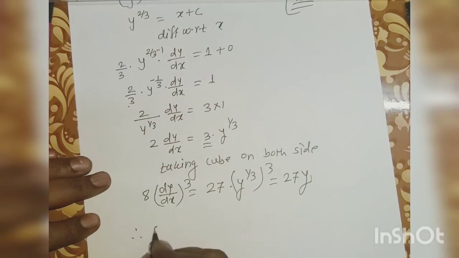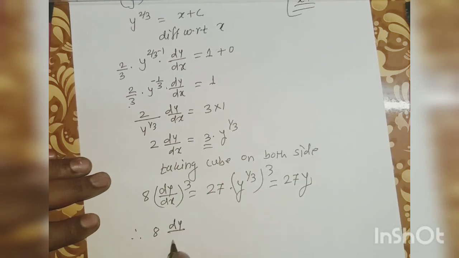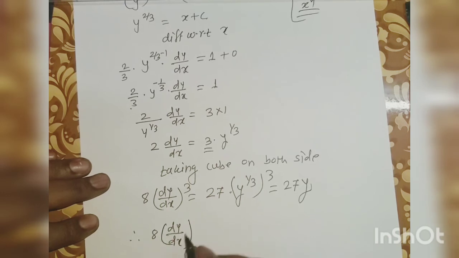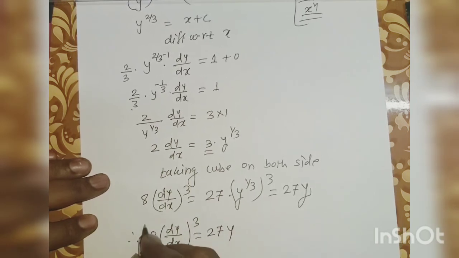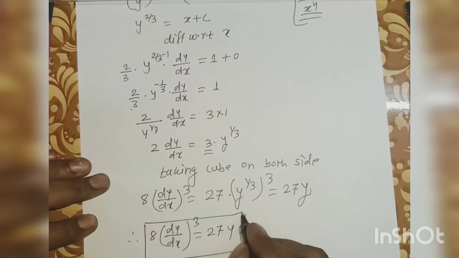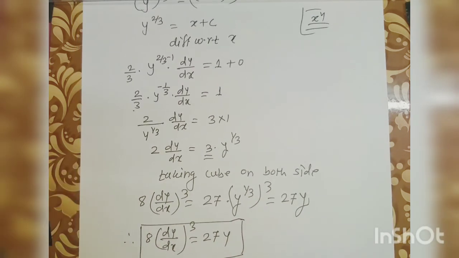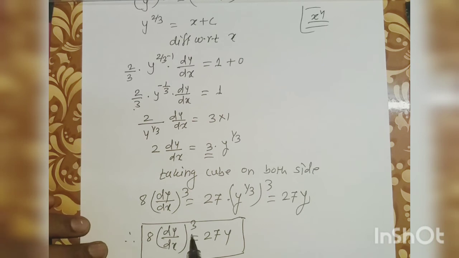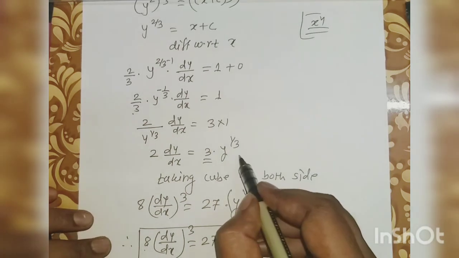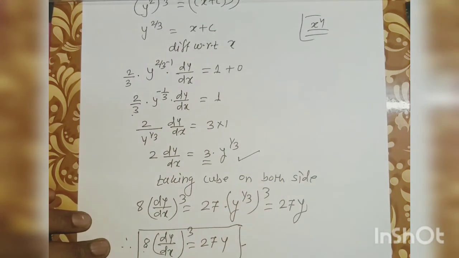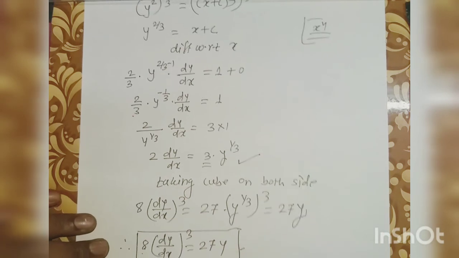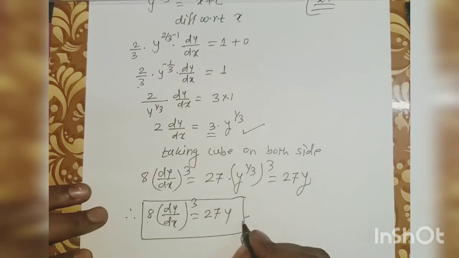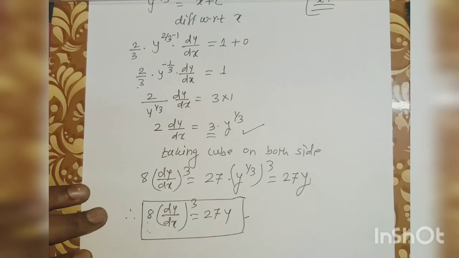Therefore the final equation is 8 dy by dx bracket raised to cube is equal to 27y, which is a first order differential equation. Here I modified dy by dx cube, but this answer is also correct. But in the last answer sheet, in the text, the given answer is in this way. We modified this.